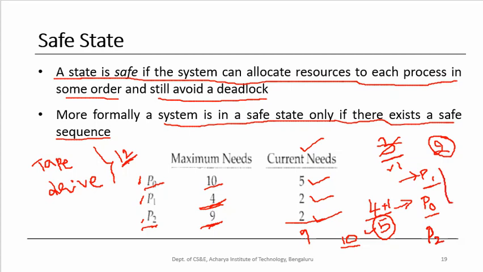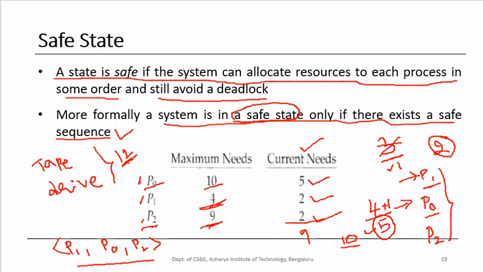So we have a safe sequence: P1 can complete its execution, after P1, P0 can complete its execution, and after that P2 can complete its execution. This is a safe sequence. If such a safe sequence exists, then we say that the system is in a safe state.